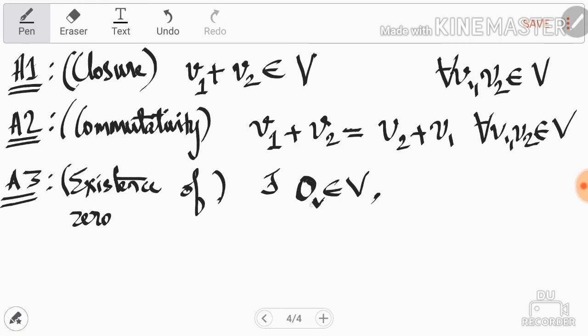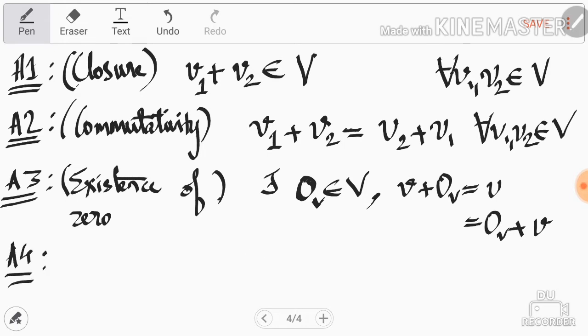It could be anything from the vector space, from the set V. The speciality of this element is that whenever it is added to any element of the vector space, it has no effect, which means that it will simply be equal to V. So you have V plus the zero vector, same as V, which is equal to the zero vector plus V.